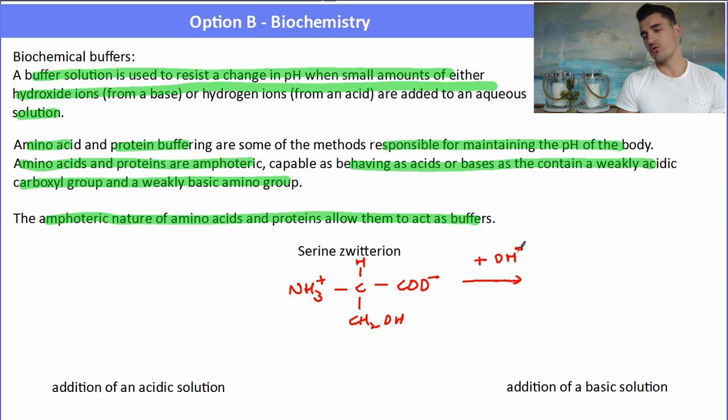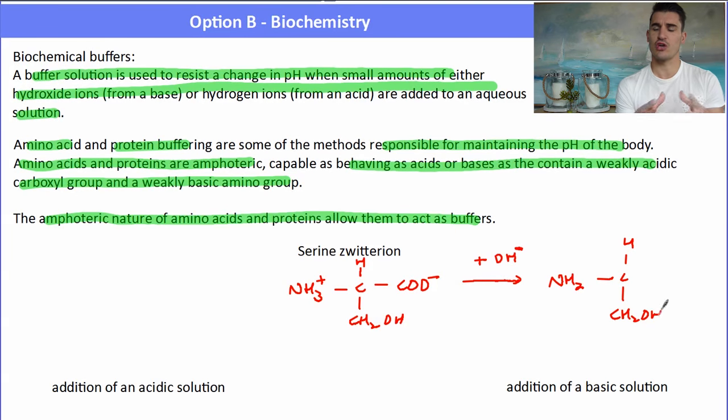So if we added in some basic solution, some hydroxide, what will happen is the NH3+ group, that is a weakly acidic group, will react with that alkali solution and try and neutralize it. So it would end up forming the amino acid with a negative charge.